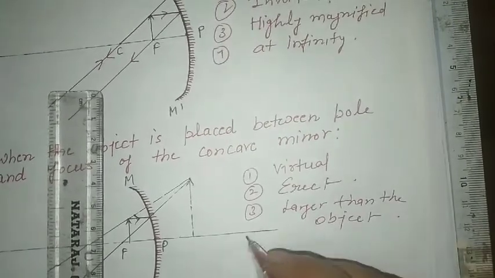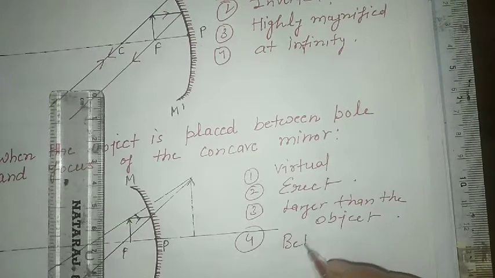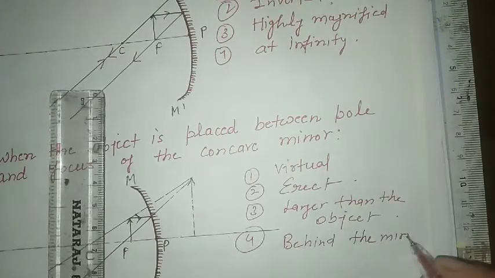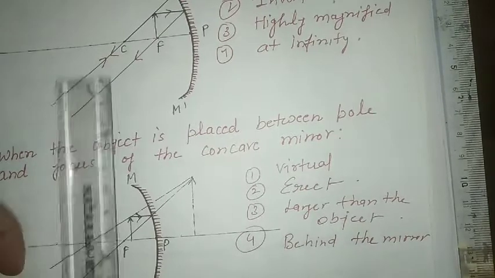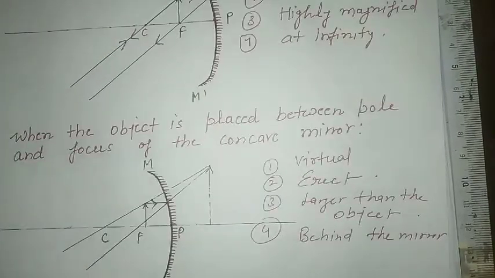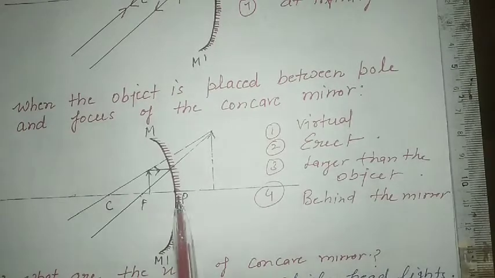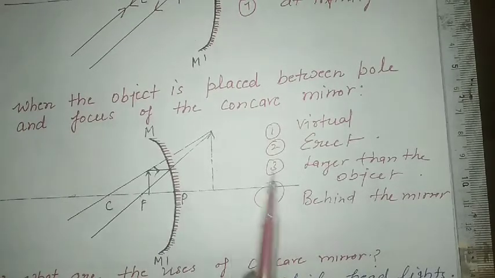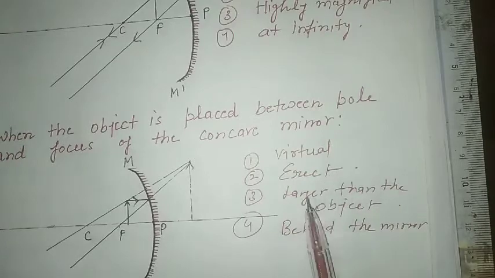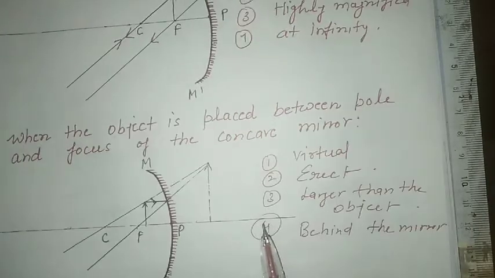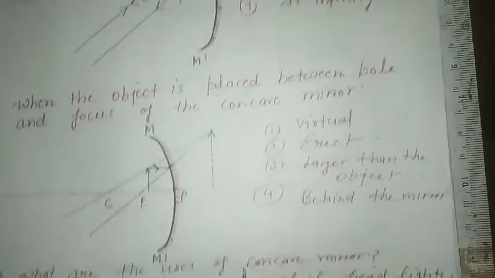Behind the mirror, not in front, behind the mirror. So these are all 6 cases of the concave mirror. The image is virtual in a single case, when the object is between the pole and the focus. That is the only case when the image is virtual, erect, larger than the object, and behind the mirror. In all other 5 cases, the image formed is real and inverted.